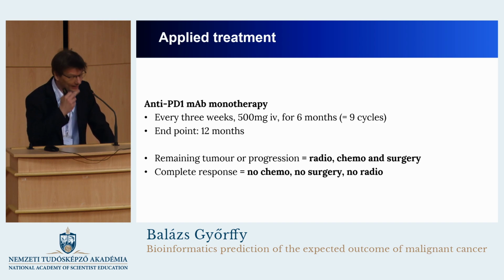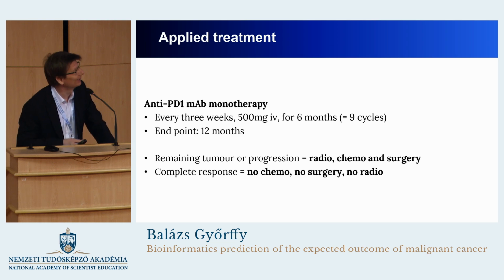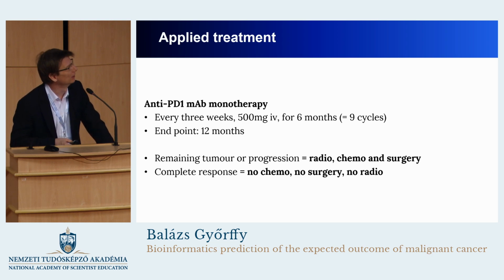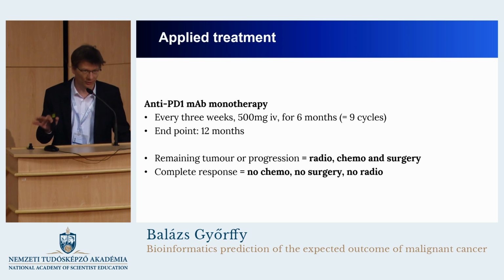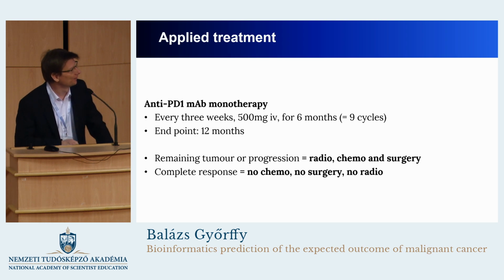This was a clinical trial. They gave an anti-PD-1 monoclonal antibody, which was called dostarlimab, but for our sake, the drug is not important. They gave the drug every 3 weeks, 500 milligram in 9 cycles. And the plan in this clinical trial was to check the progress within 12 months.